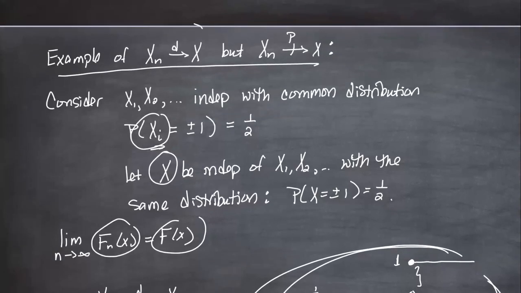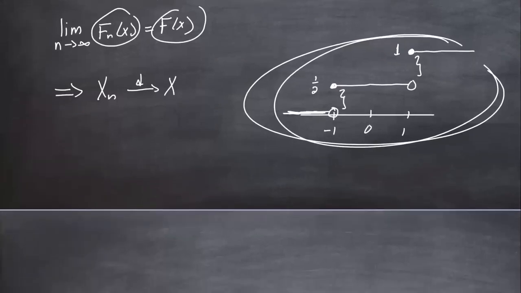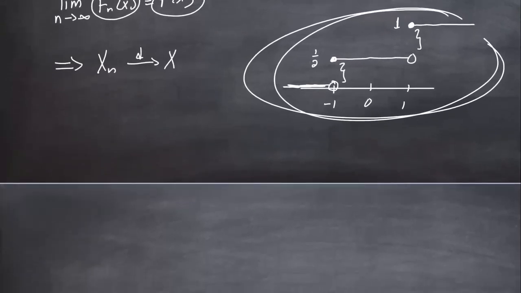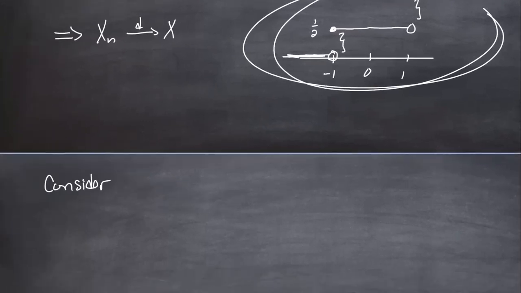It's an example where we do have convergence in distribution, but I claim we do not have convergence in probability. For convergence in probability, you need a certain limit to hold for all epsilon, but to show it does not converge in probability, it is enough to exhibit some epsilon. So consider the probability that |Xn - X| is greater than or equal to 2.